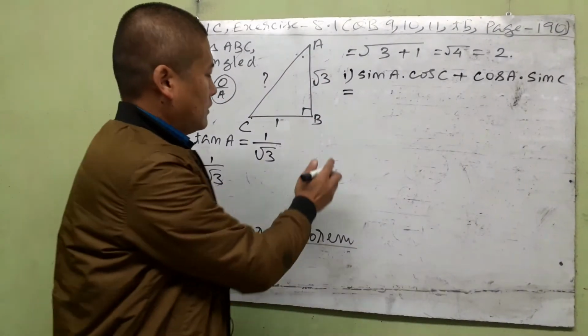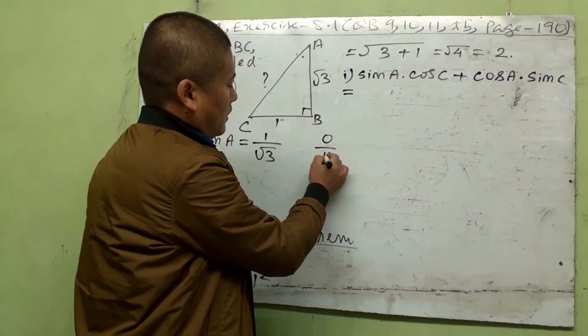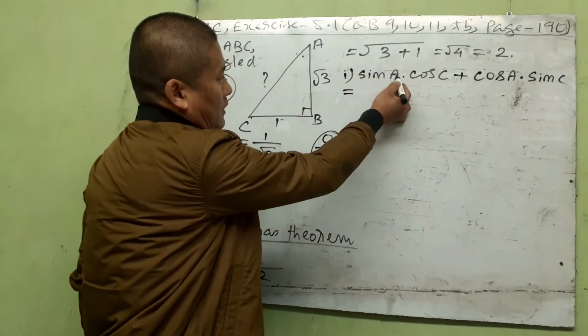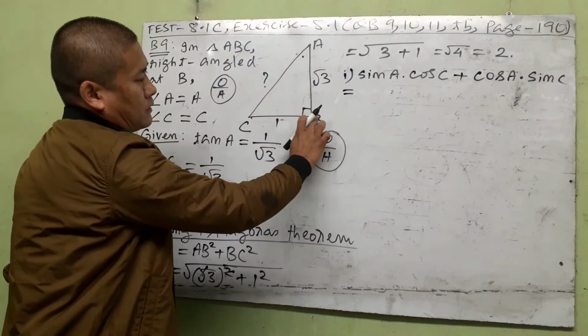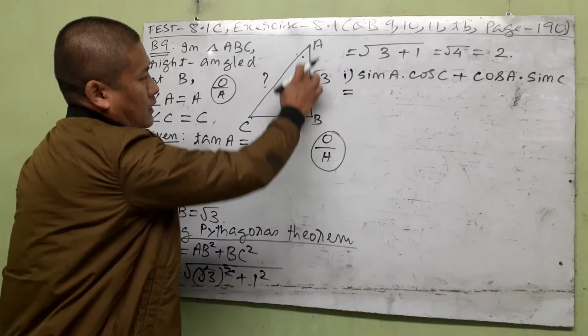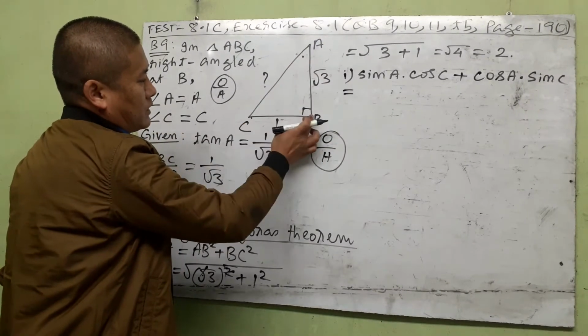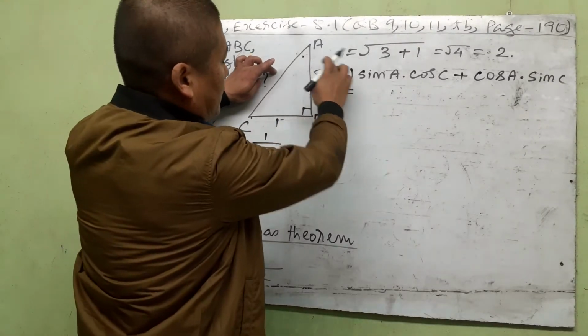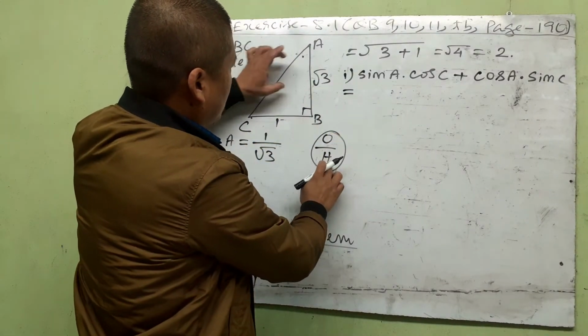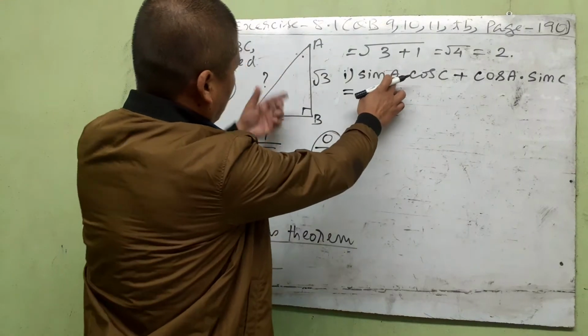So sine is opposite by hypotenuse. Angle is A. So if you take A, this is adjacent, this is opposite. The two arms of angle A are AB and AC. So BC, which is not the arm, is opposite. This is adjacent. And this is always hypotenuse. So opposite by hypotenuse would mean when you take A, opposite is BC.